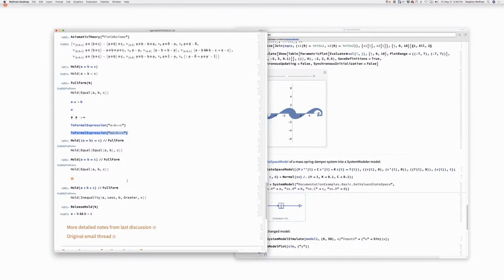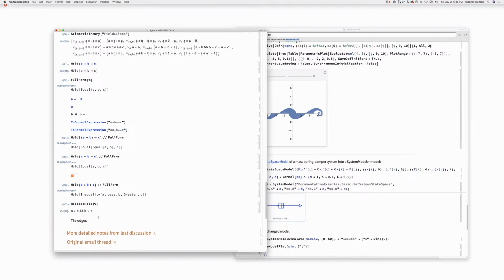So in a sense, the edges of the multiway graph are unlabeled, untagged, because in any given thing, it's either sequent calculus or equational calculus, equational logic, whatever that's called.